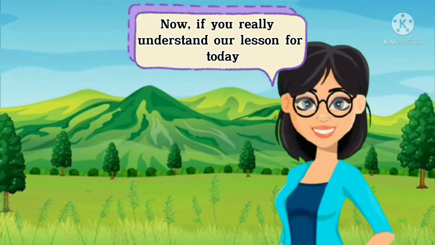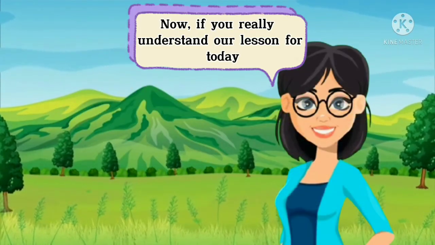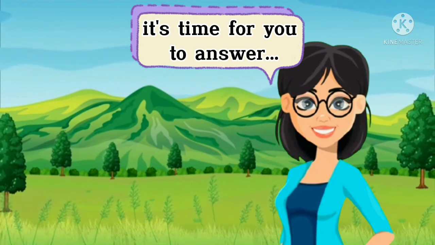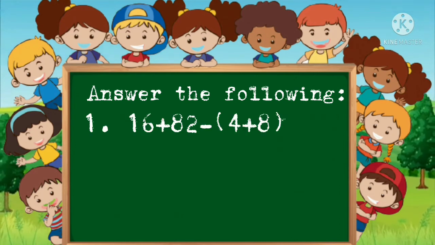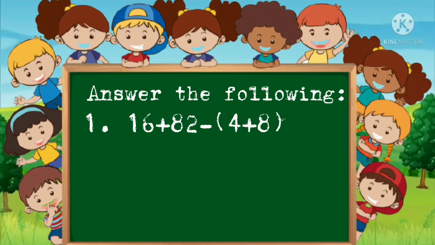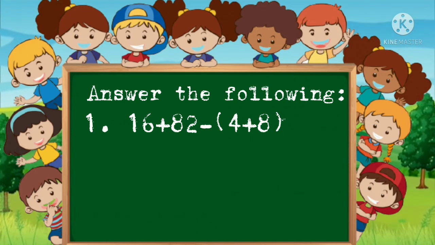Now, if you really understand our lesson for today, it's time for you to answer the following number equations. So, here we go. Number 1. 16 plus 82 minus open parenthesis 4 plus 8 and close parenthesis.